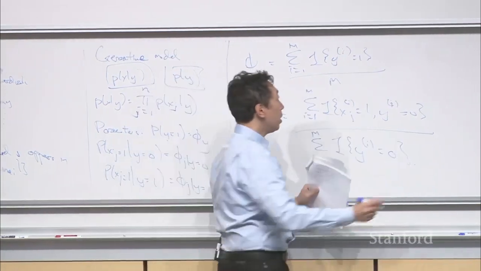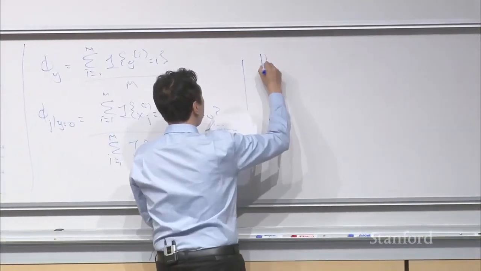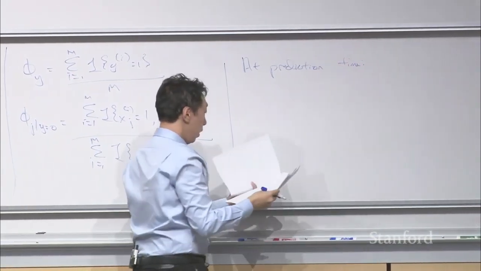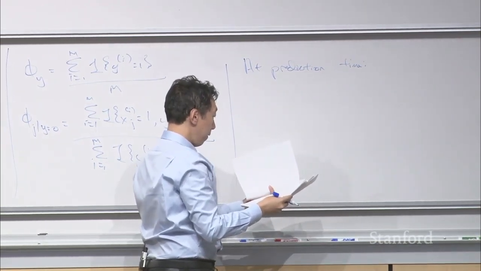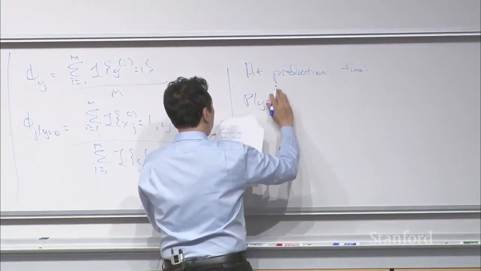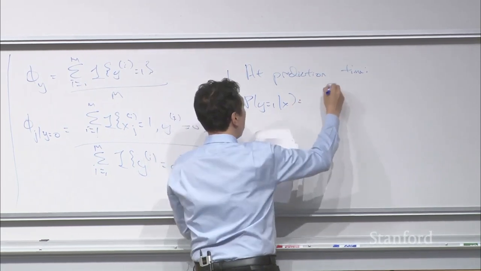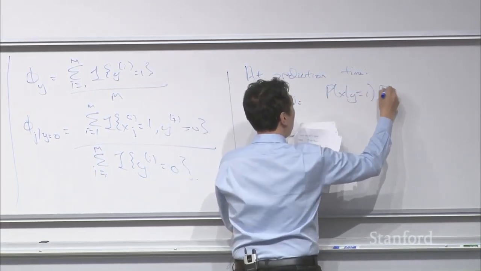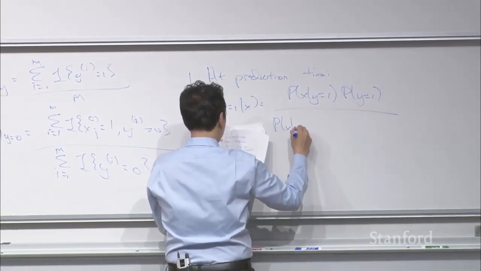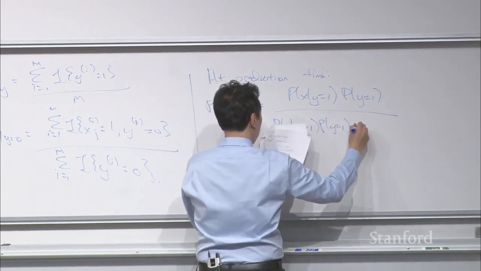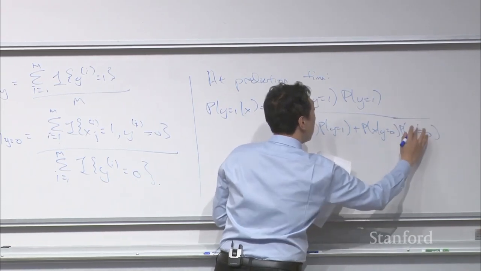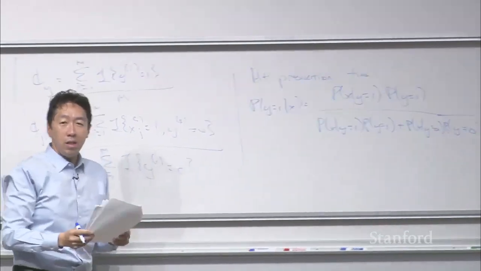Right? And then finally, at prediction time, you will calculate P of y equals 1 given x. This is according to Bayes' rule.